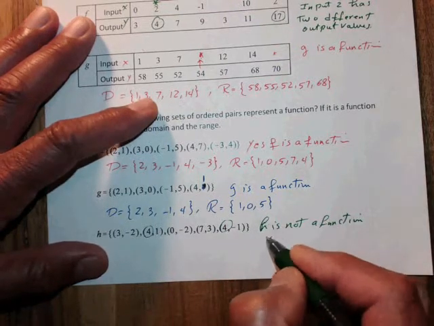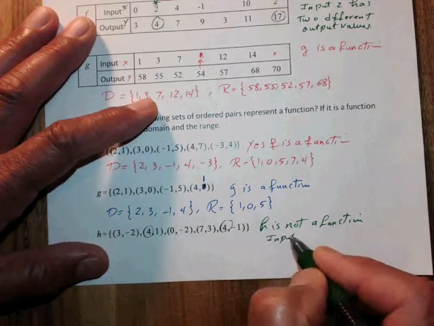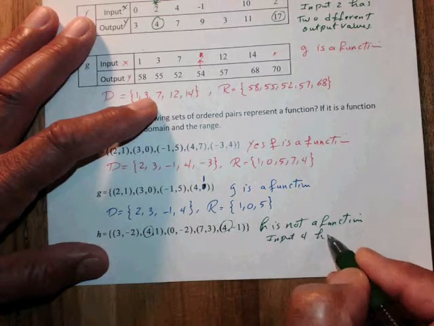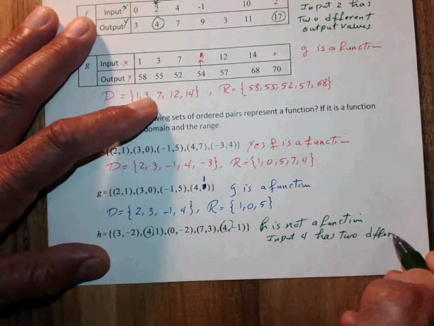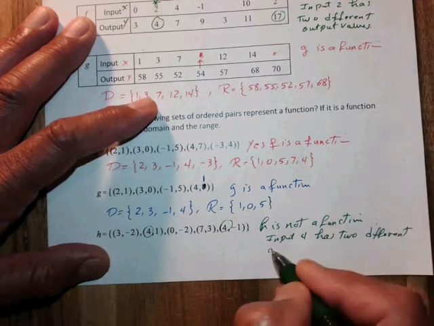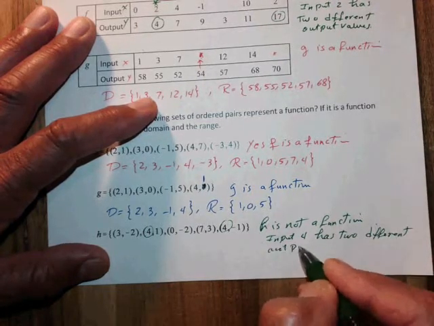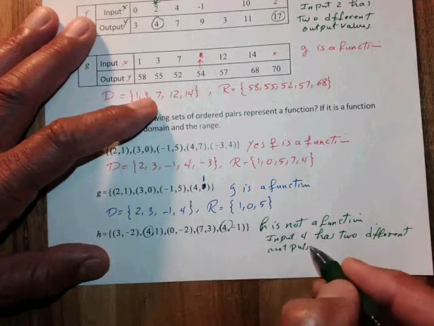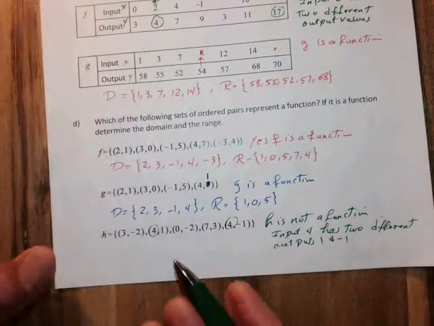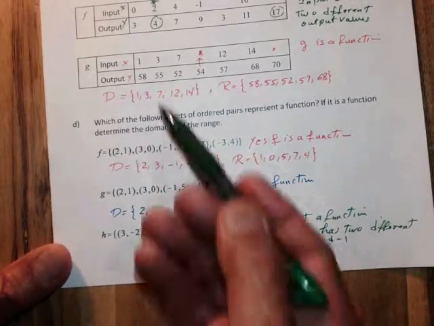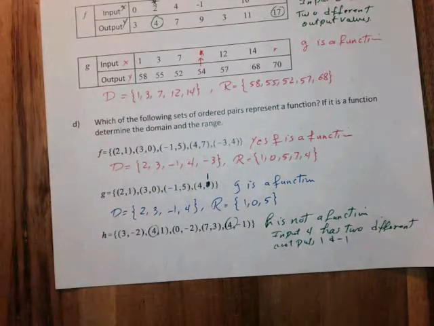So I say input 4 has 2 different outputs, 1 and -1. So that's a violation of a function. So it's not a function, but it's a relation. All of them are relations. So every example is a relation.